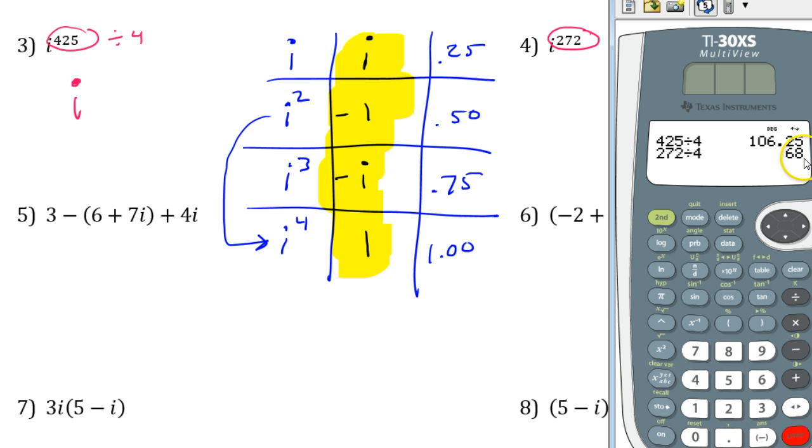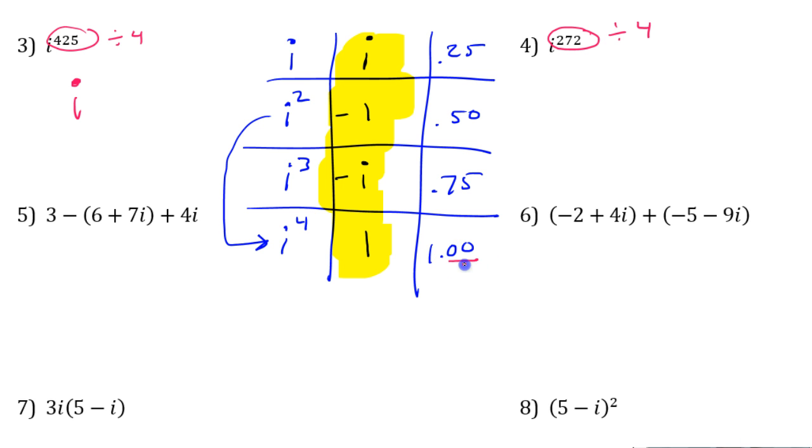I get 68, no decimals. Alright, no decimals means we're in this row, 0 decimals. So that means the answer is 1, just the number 1. So that's how you do 3 and 4.